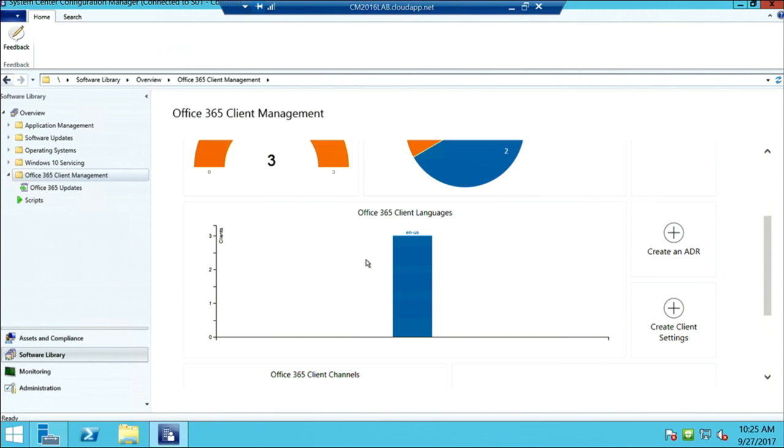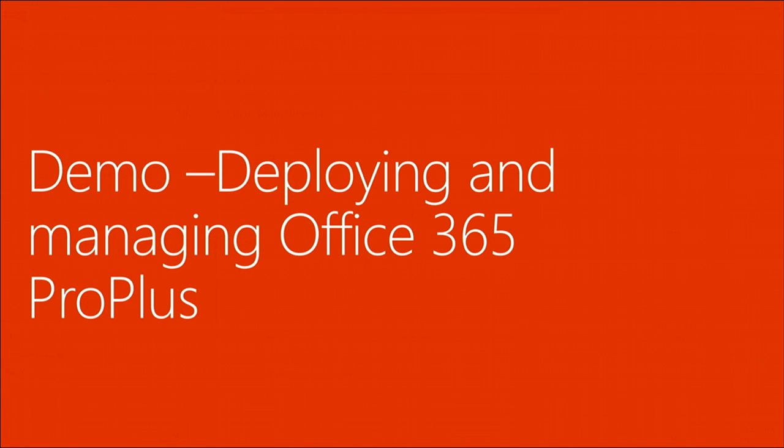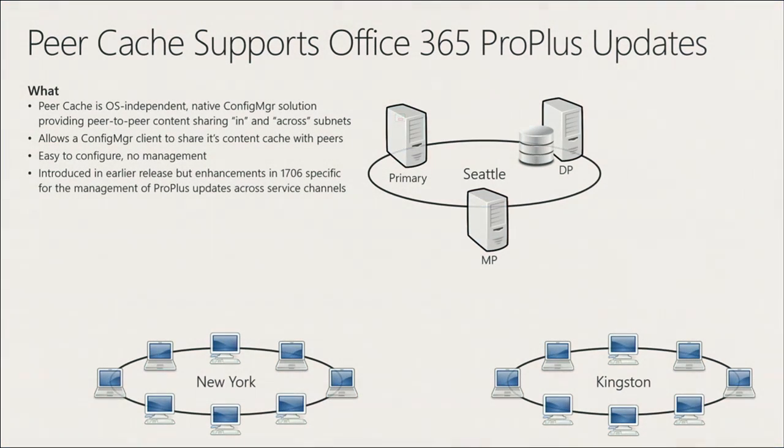Now, there's another thing that I keep getting asked. I'm going to switch here for a second. And what I keep getting asked is, okay, how do I actually start distributing and start taking advantage of the recently announced peer cache? And this is something that we're really excited about, where we have the capability of leveraging peer cache for ProPlus servicing.